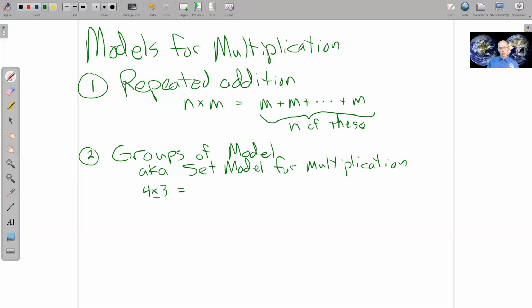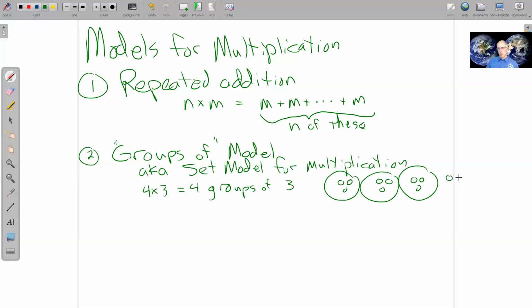The multiplication symbol literally means groups of. So I can replace the symbol with the phrase groups of 3, and I can build that. So here's a group of 3. Here's another group of 3. That's 1, 2. Another group of 3, the third one, and then the 4th group of 3, and then we can count them up and get a total of 12. So why is 4 times 3 12? Well, because multiplication means groups of. That's why.